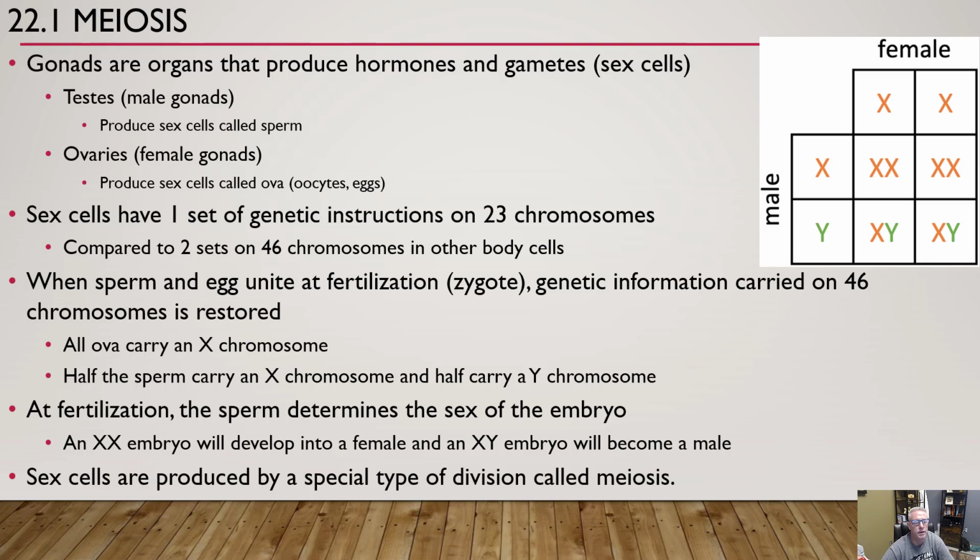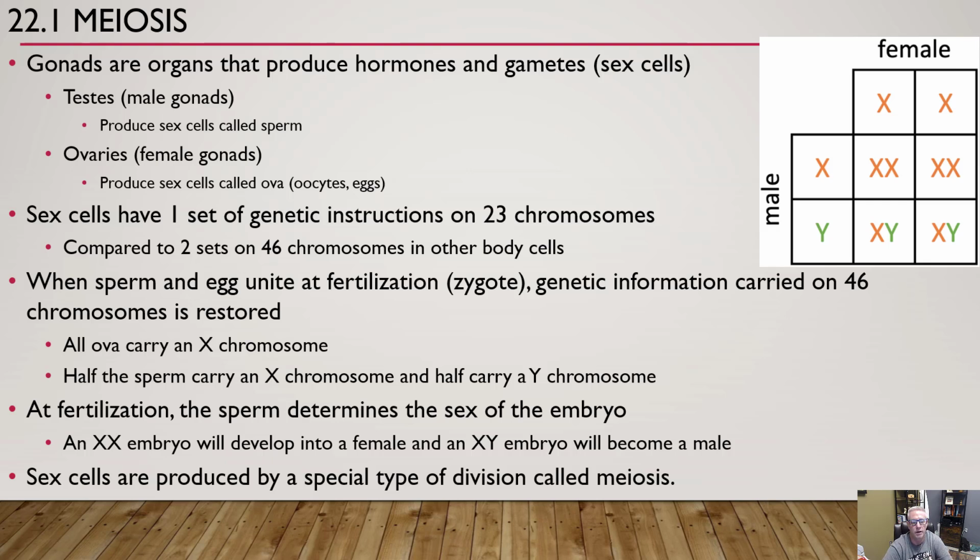And when we talk about replication of the sex cells, that's called meiosis. If you remember from AMP1, we talked about mitosis, where we had interphase, prophase, metaphase, anaphase, and telophase.